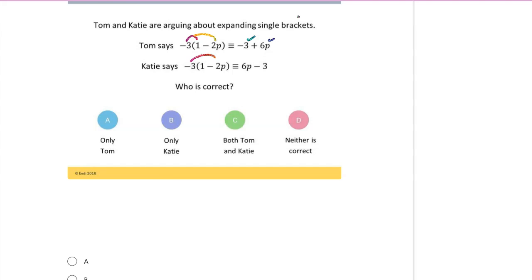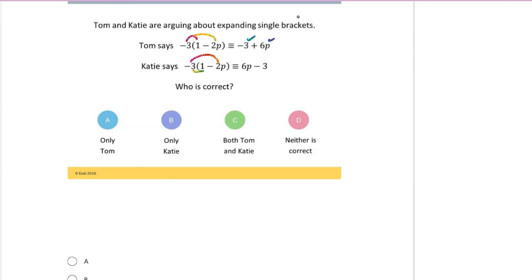Katie's just decided to multiply the negative 3 by the negative 2p first, and a negative times a negative gave a positive 6p. And then she went negative 3 times 1 is negative 3. These are equivalent expressions, so they're both correct. They've both done it correctly. In terms of the order in which we'd naturally do it, Tom's probably done it in the natural order.